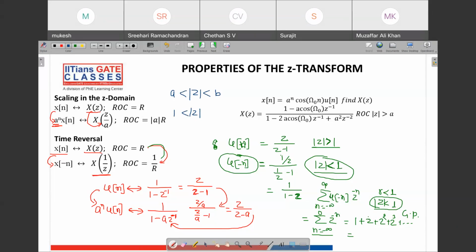It has now become less than 1 by A and greater than 1 by B. Now if you see, these two are contradictory, because here B is greater than A, and here A is greater than B.